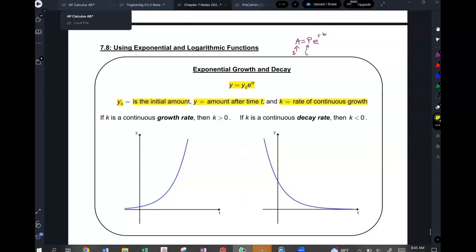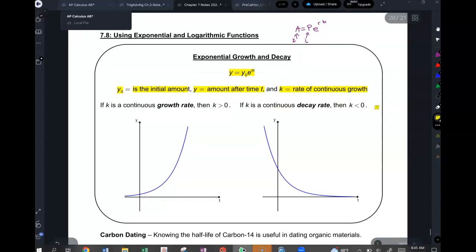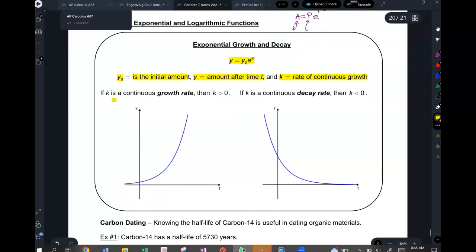But when it's a continuous rate of growth, when you hear the word continuous, then we use the symbol k, and that's how we know that that's a continuous rate of growth. Okay, so if k is continuous growth rate, then k will be positive, and that's how the equation will look. If it's a decay, then k is negative, all right?